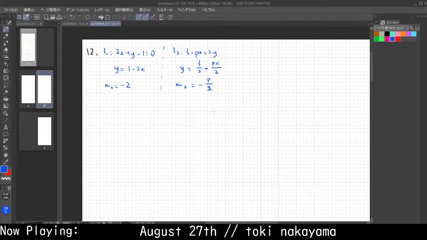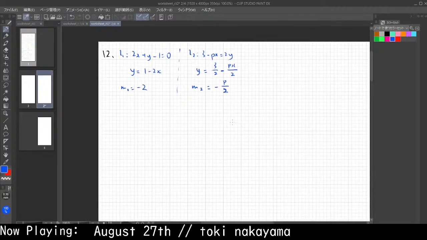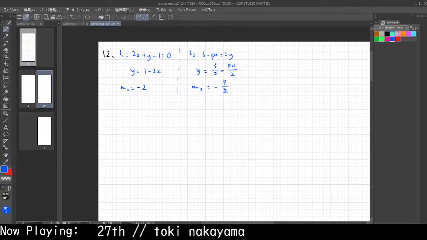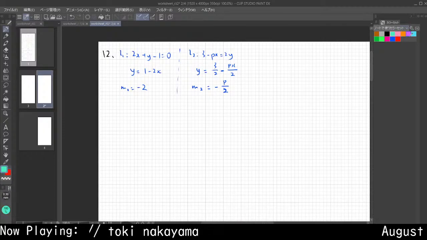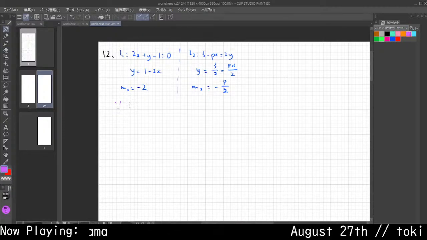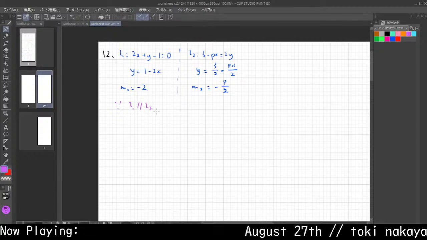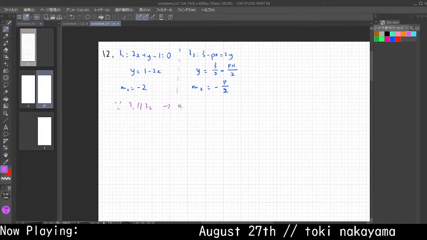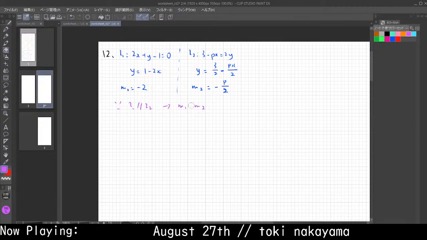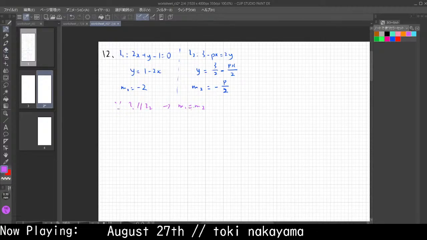Okay, so after this, since they are parallel, I'll use purple. Since L1 is parallel to L2, therefore M1 is equal to M2.